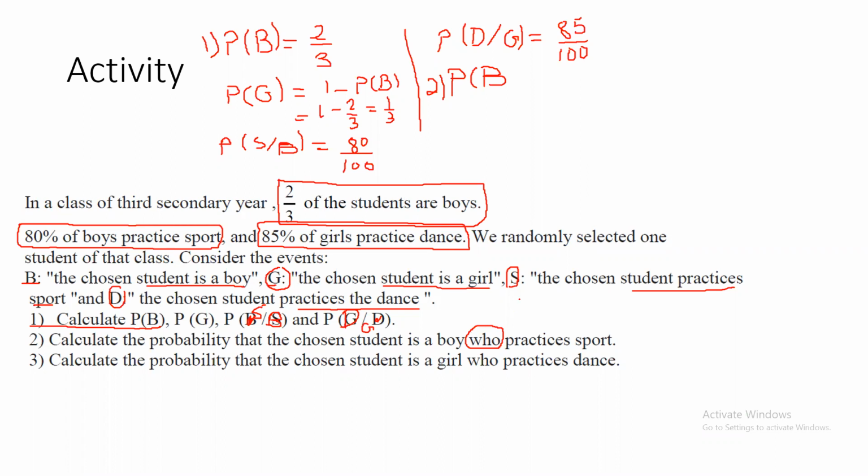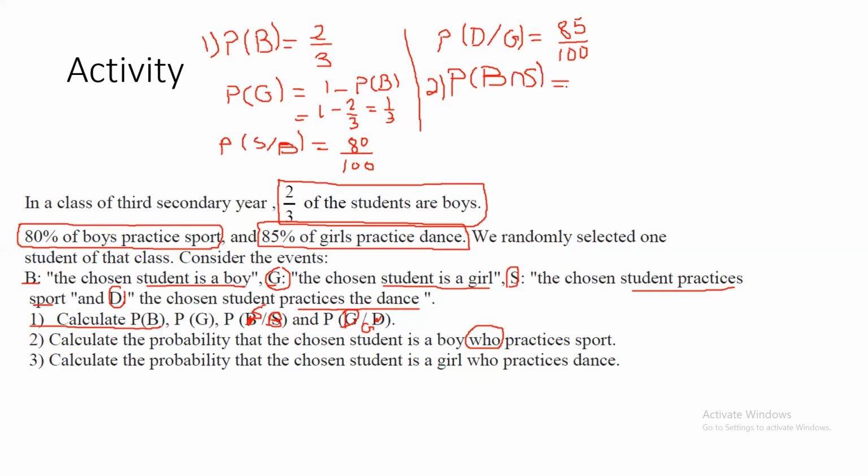Who here is or, and, or given? Who practices sport means and practices sport, the intersection, S.